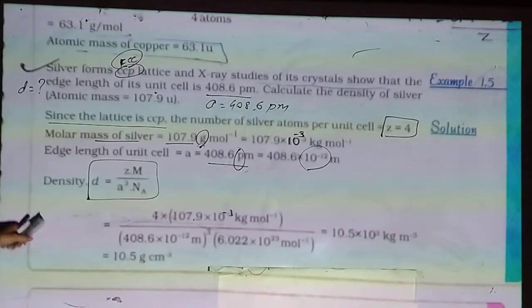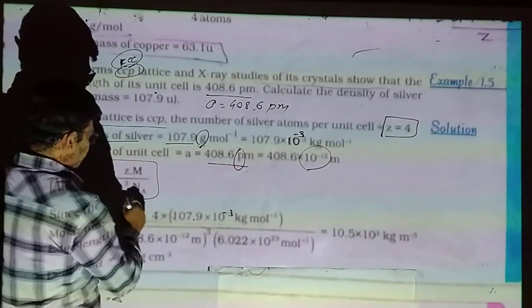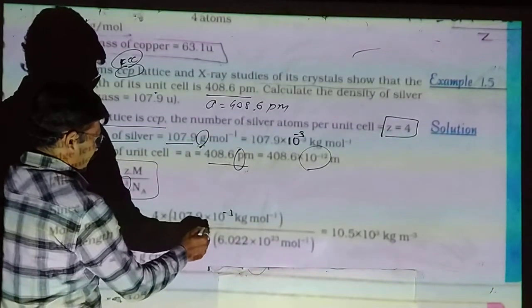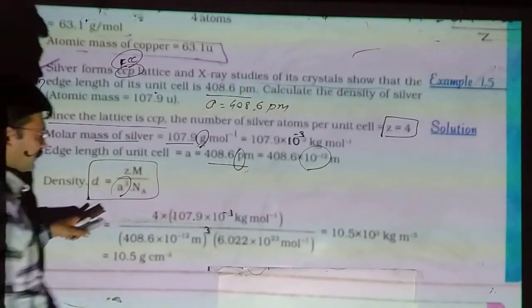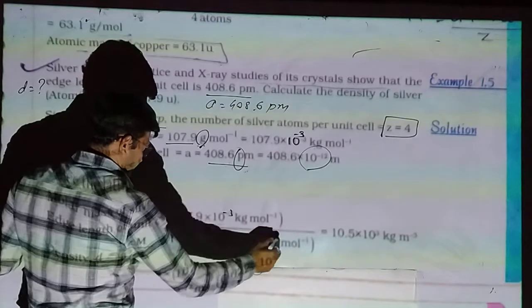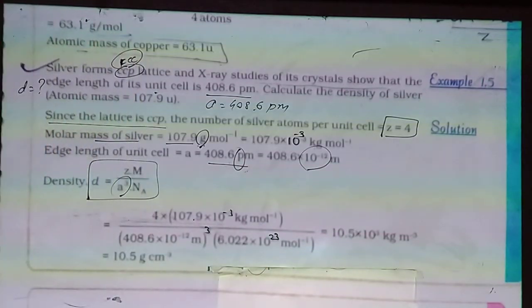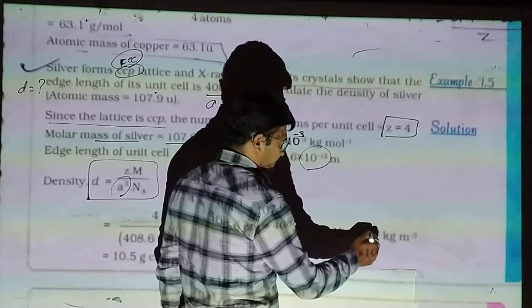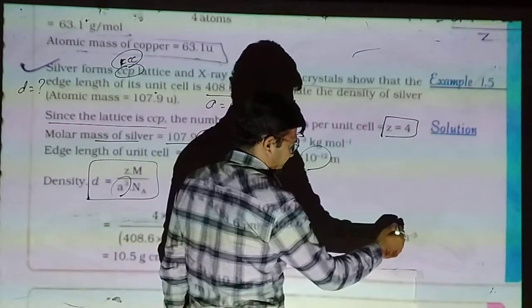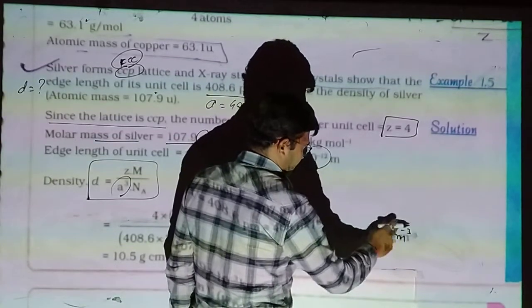Edge length 408.6 into 10 raised to minus 12, all raised to cube. A cube means the volume of the unit cell. Avogadro number is a constant, 6.022 into 10 raised to 23. So our answer is in MKS, kilogram per meter cube.